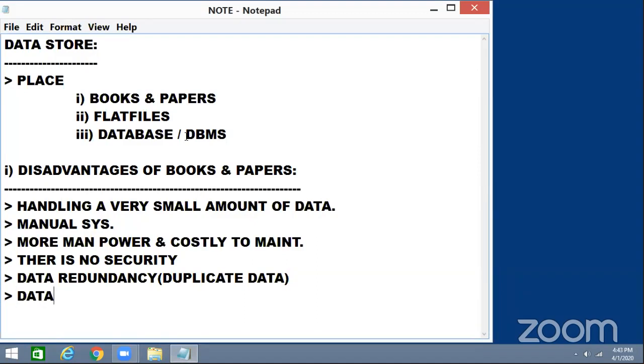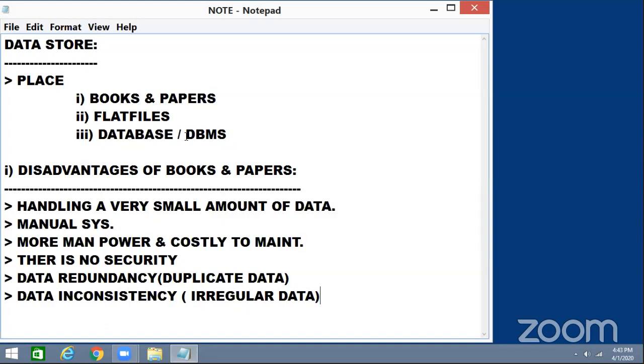Next, data inconsistency. Inconsistency is nothing but irregular data.